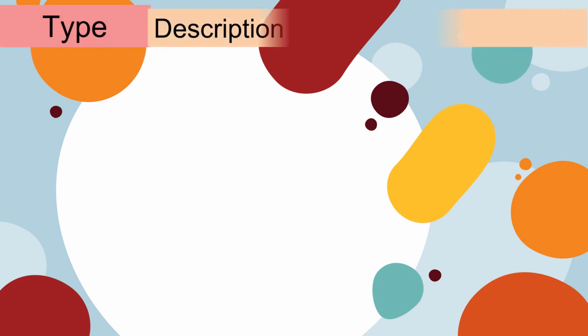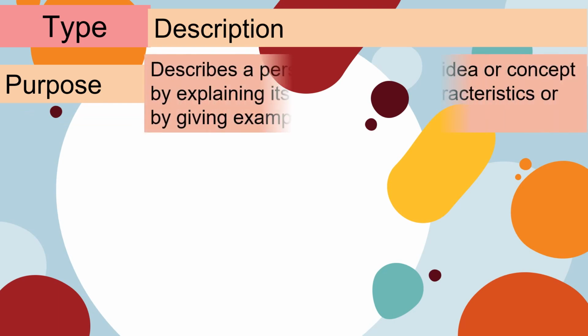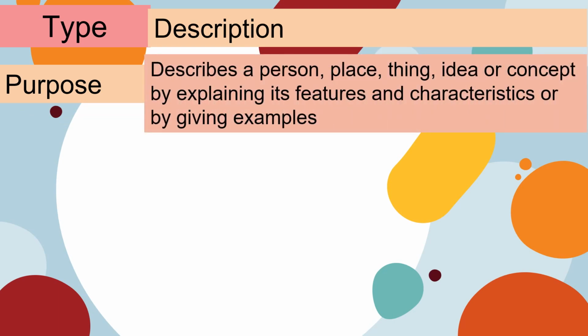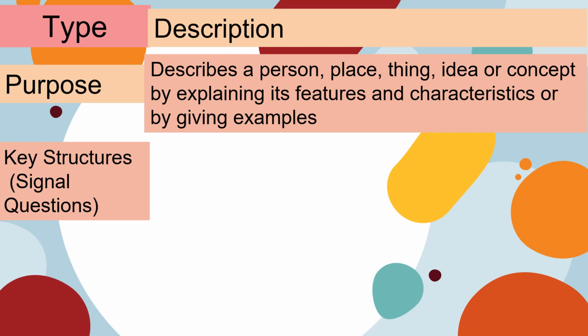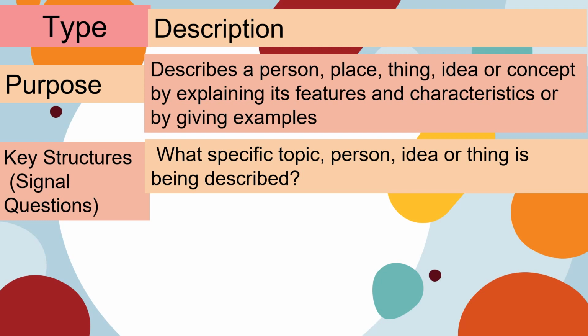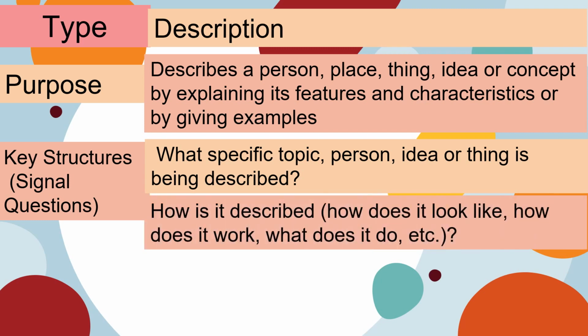And the next type, description. The purpose is to describe a person, place, thing, idea, or concept by explaining its features and characteristics or by giving examples. The key structures or the signal questions of this: what specific topic, person, idea, or thing is being described?